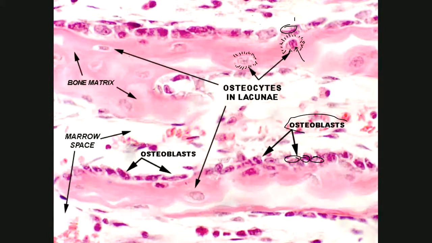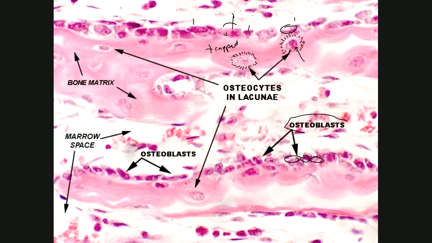Is there any place to put it? There's not. This one can put bone out here or put bone here and move that way. So can this one and this one, but these are trapped inside bone. They used to be osteoblasts, but now they're trapped.